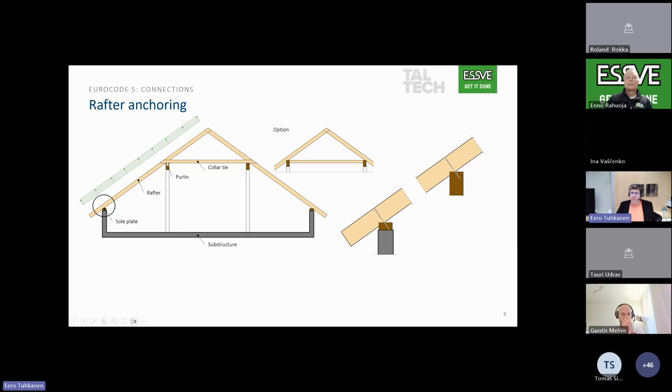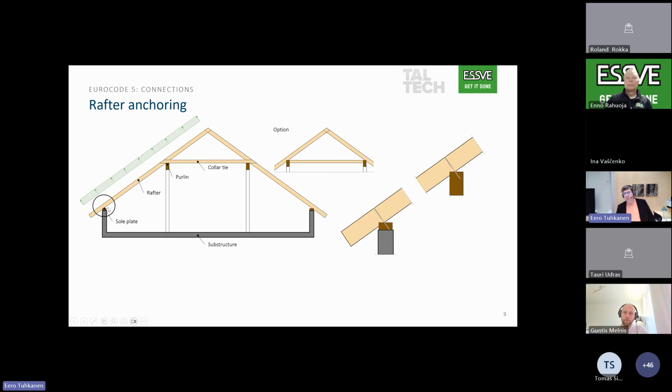However, if we find the right cross section and we need to anchor the rafter to the sole plate or wall plate, or to the purlin, then you have to consider possible horizontal force in this rafter, and also negative pressure from the wind, which will uplift the roof.